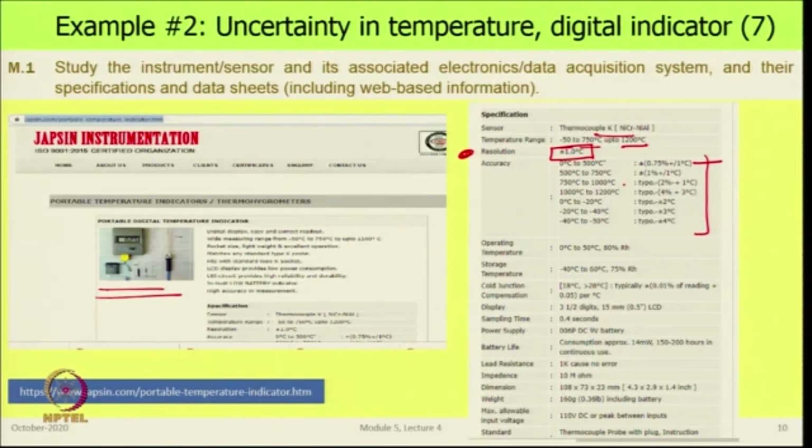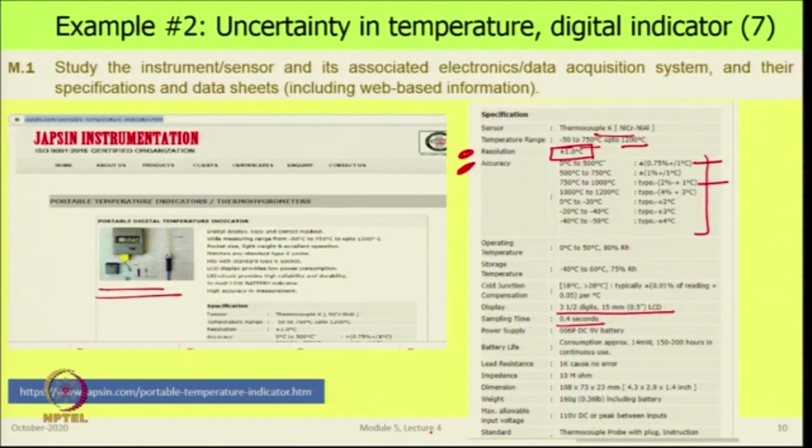If you are making a temperature measurement of 800 degrees Celsius, it would be here, 2% plus 1 degree Celsius. It says 0.75% or 1 degree Celsius, whichever is greater. So, that is the accuracy, another piece of information we would like to have. Then there is cold junction temperature display, 3.5 digits, sampling time 0.4 seconds, and then the rest of the information is there.